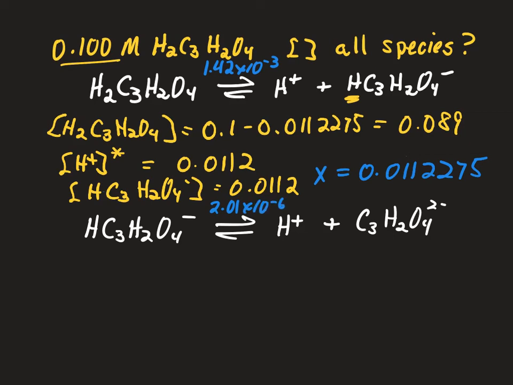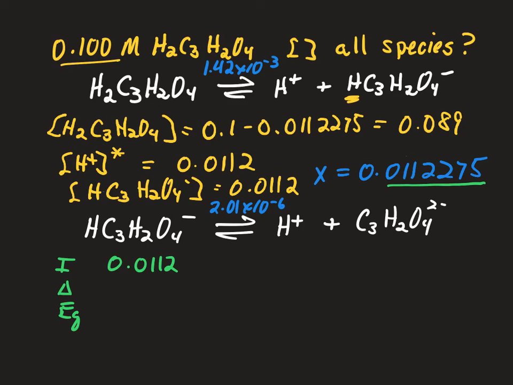So if we set up our ICE table again, initial, change, equilibrium, our initial concentration of our hydrogen malonate ion is 0.0112. You could carry more significant figures. We really have more than that if we need them, but we don't usually like to round in the middle of a problem. In this case, it'll illustrate what we needed to illustrate.